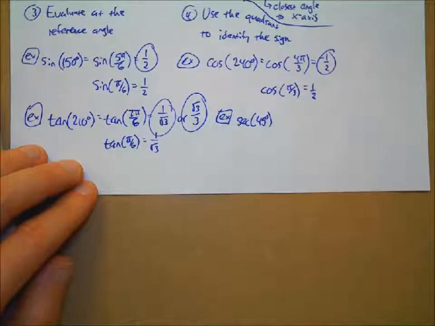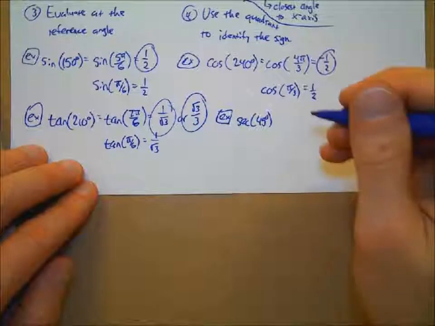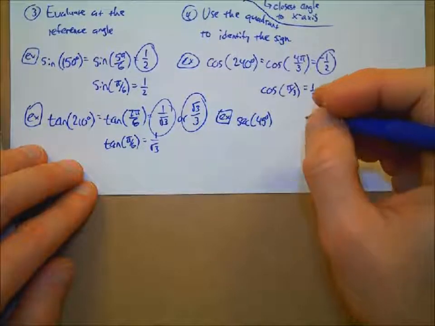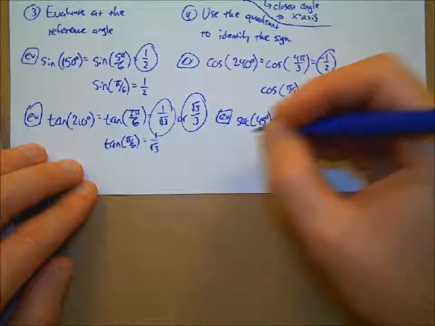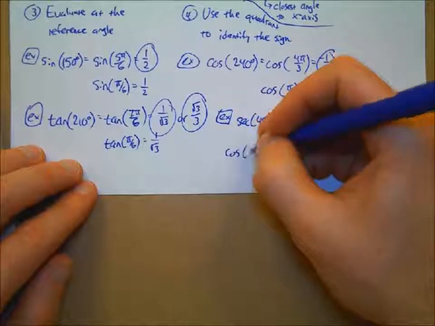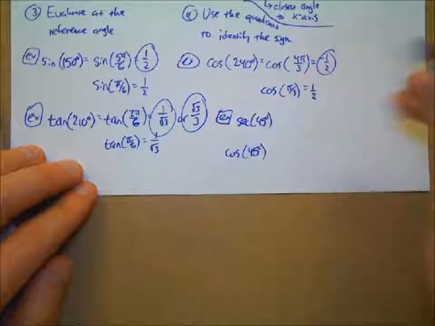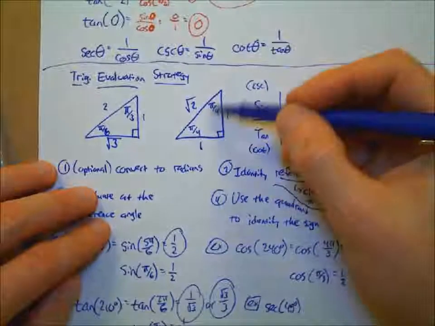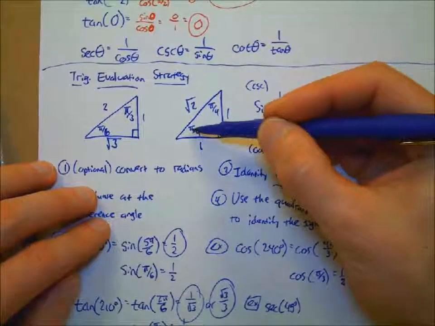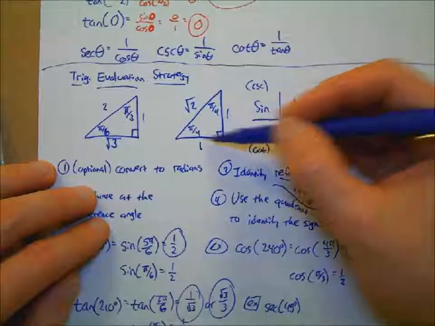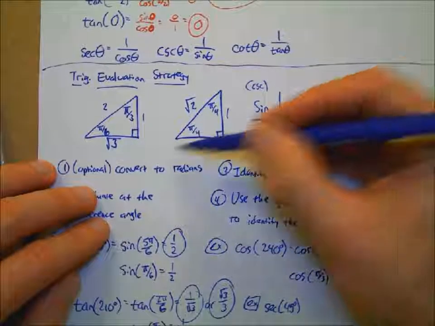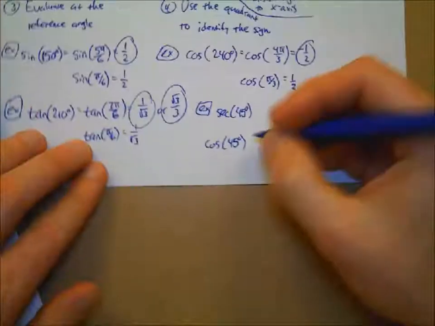Secant is 1 over cosine, the reciprocal of cosine. So let's find cosine first. What is the cosine of 45 degrees? 1 over root 2. And if you want to look, pi over 4 is 45 degrees. Cosine is adjacent, so adjacent 1 over the square root of 2 hypotenuse there. So yeah, 1 over root 2.